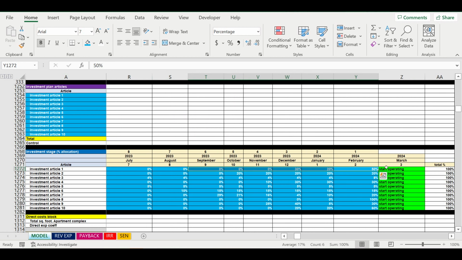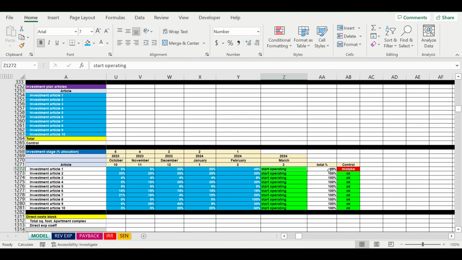So for example, if we have 49%, we don't have 100% here, so it is a mistake. We have to add 1%. If we go higher or lower, we'll get a mistake. So this is the investment stage.